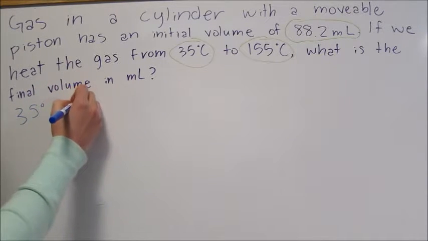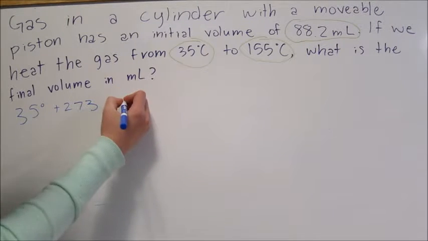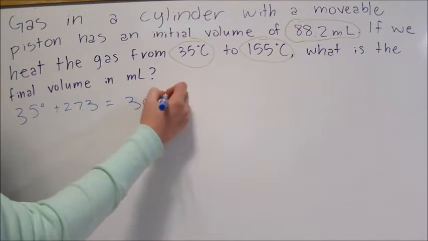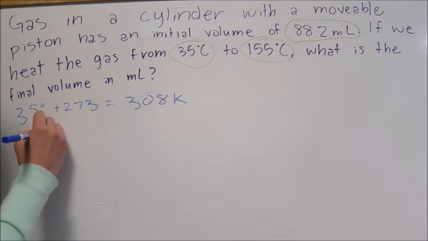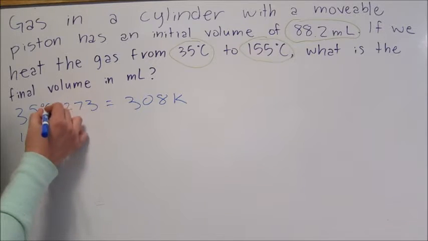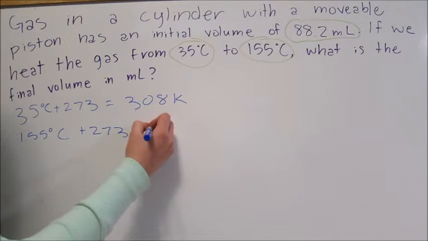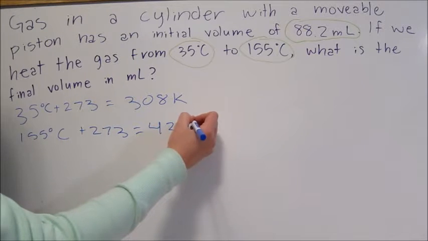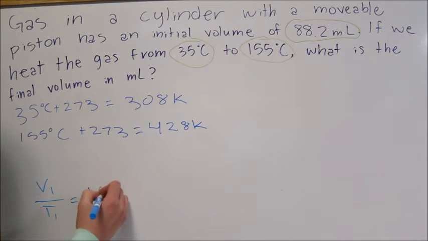So we'll have our 35 Celsius plus 273 equals 308 Kelvin. And then we'll have our 155 degrees Celsius plus 273 equals 428 Kelvin. And then we'll again use the equation V1 over T1 equals V2 over T2.